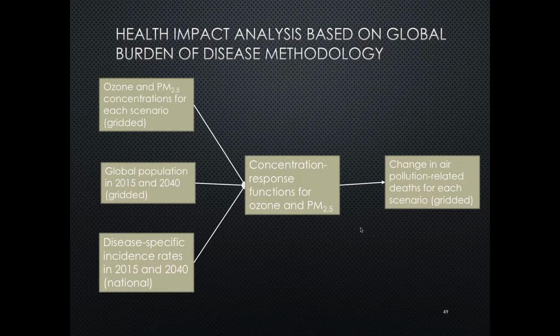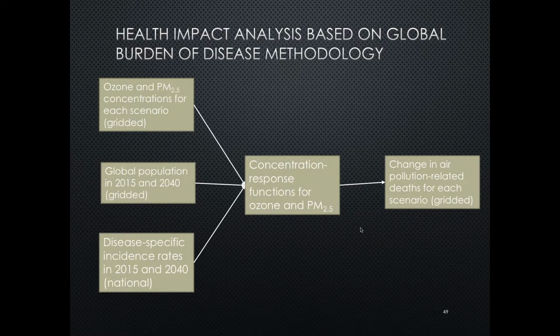And these different data sets are included in a concentration response function. And actually, we use several concentration response functions for ozone and PM2.5. And the shape of that function relates the exposure levels, so the exposure to ozone and PM2.5 concentrations, with some health risk of the health outcome. So we actually use several different concentration response functions for ozone and PM2.5 for each health outcome.